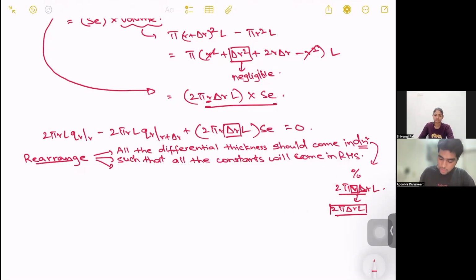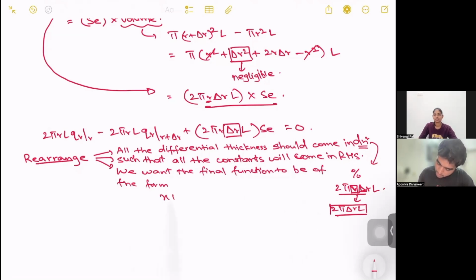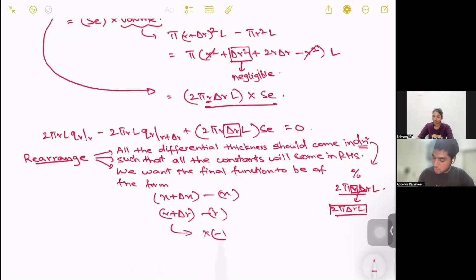And the third one is that we want the final function to be of the form x plus delta x minus x. That is, in this case, R plus delta R minus R. So for this, we have to multiply the whole equation by minus 1. So we have got three things to do.